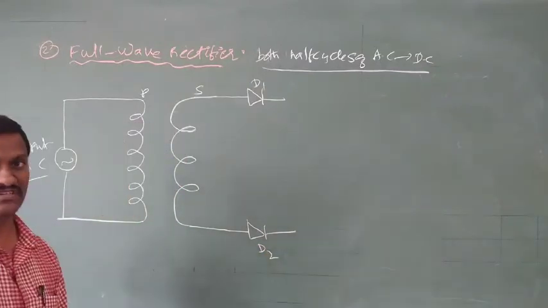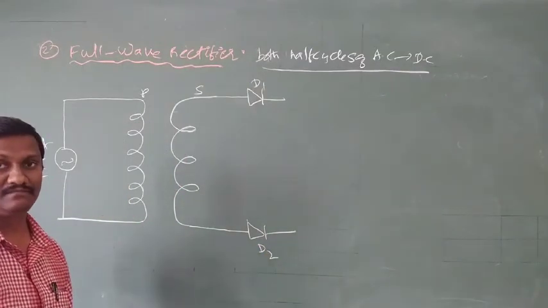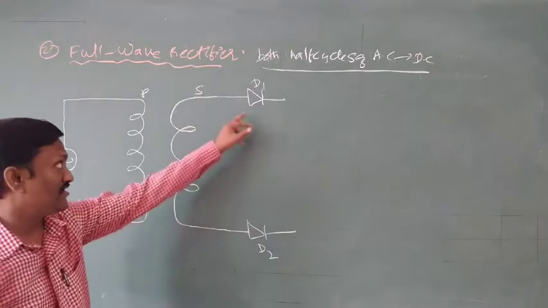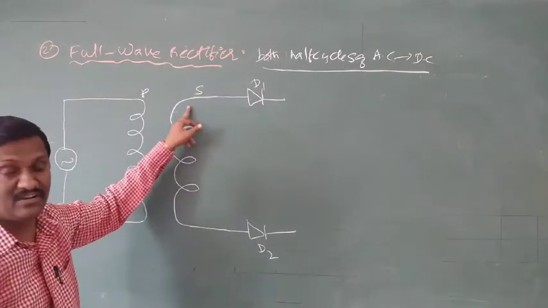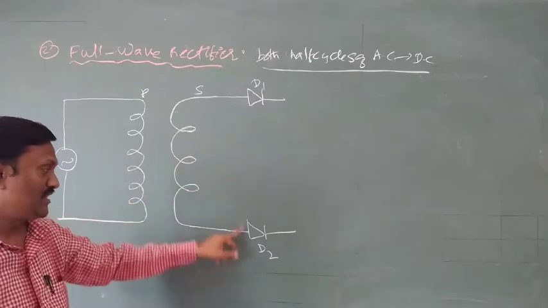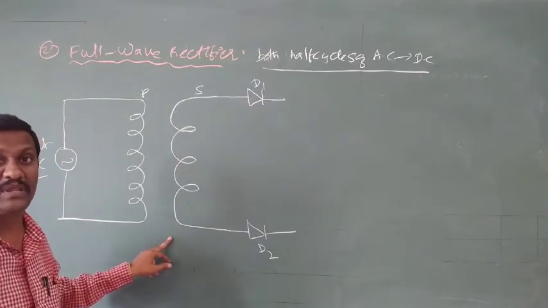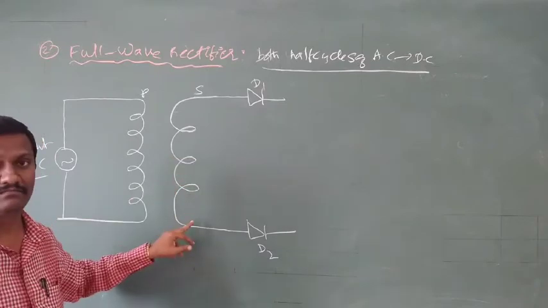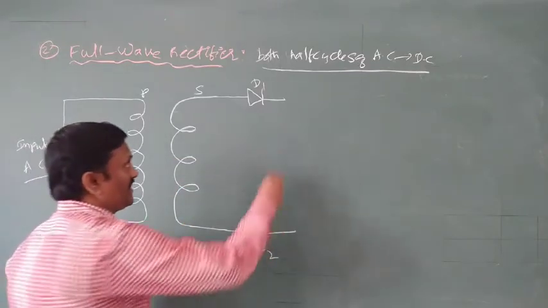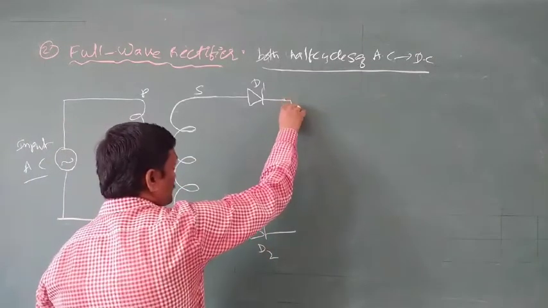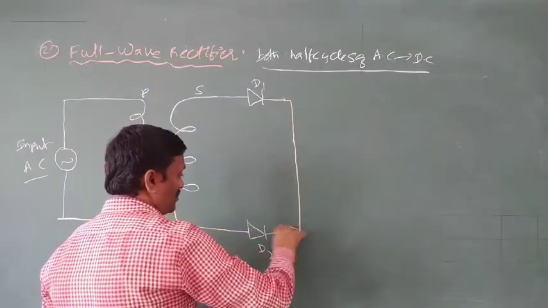The positive end of the first diode is connected to the first end of the secondary coil, and the positive end of the second diode to the second end. The negative ends are joined together.